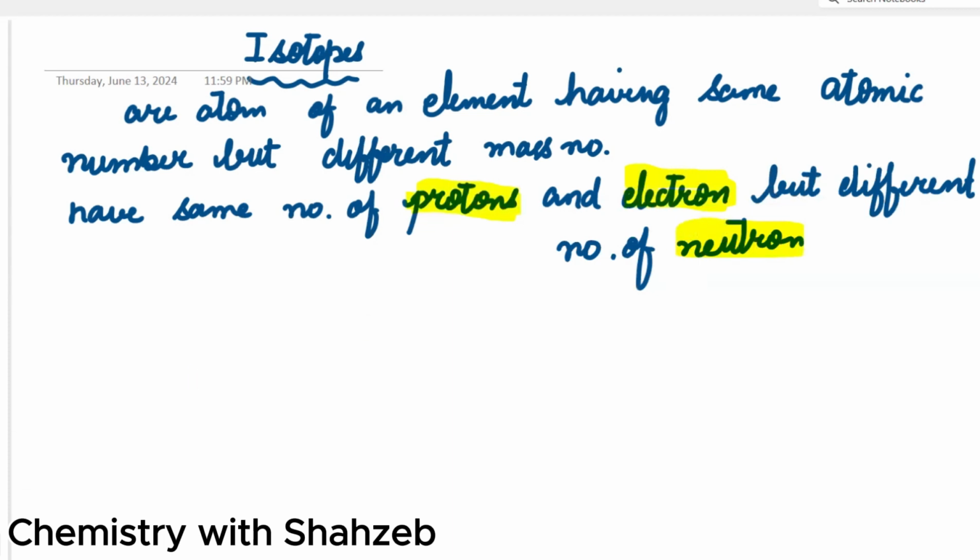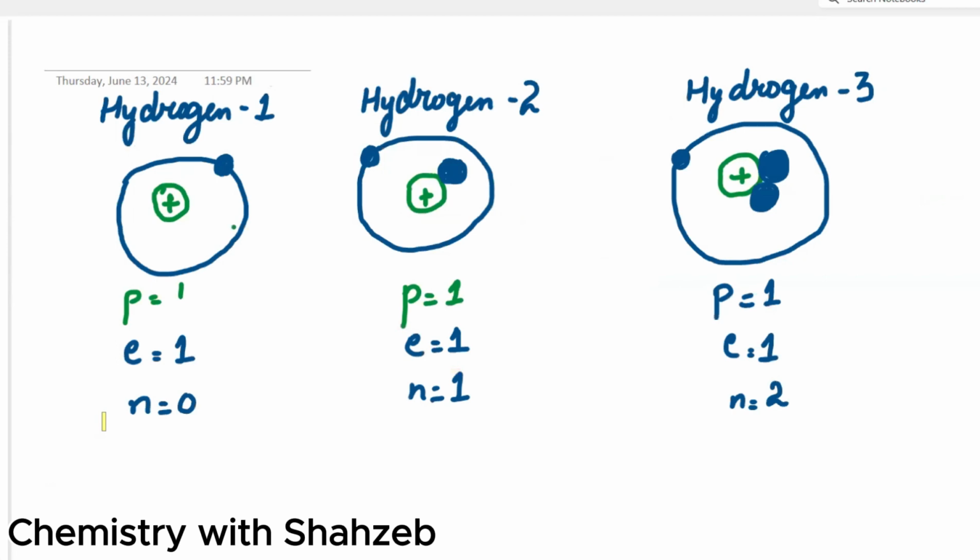Like we can see here, this is an isotope of hydrogen. This is hydrogen 1, in which it has 1 proton, 1 electron, and 0 neutrons. Here again, it has 1 electron and 1 proton, but a different number of neutrons.